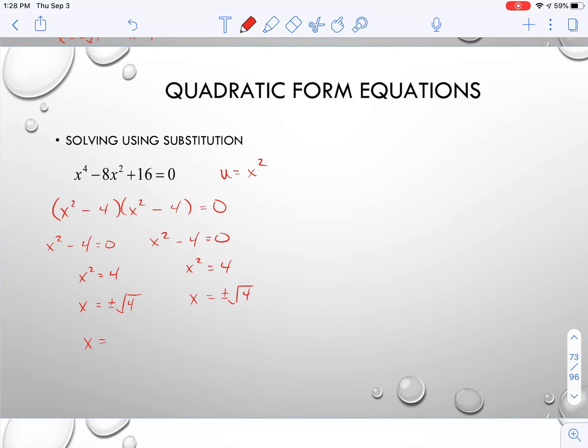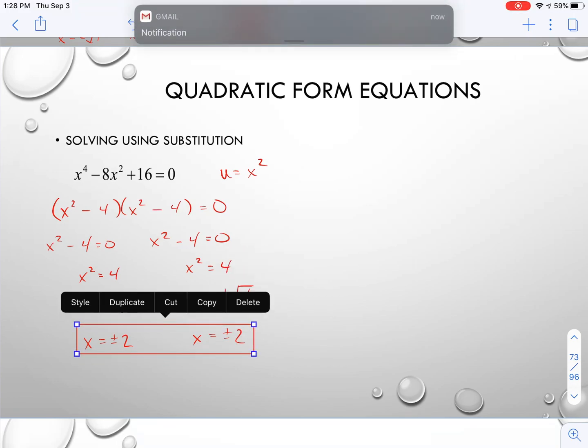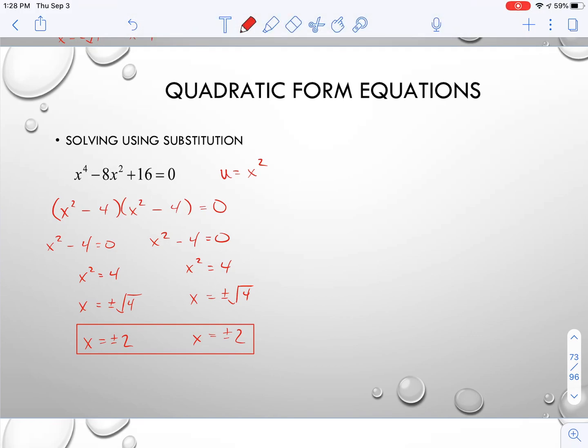And I'm going to end up with x equals plus and minus 2. Now, I'm going through and writing them both down, but really at this stage, I really only need the one, okay? Technically, it has x equals 2 as a solution 2 times, and x equals negative 2 as a solution 2 times, okay? Or I could have done the u substitution.